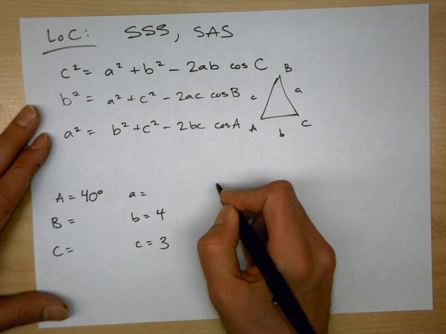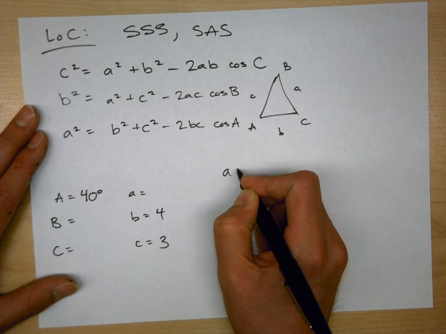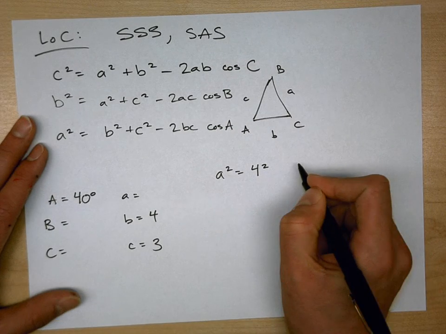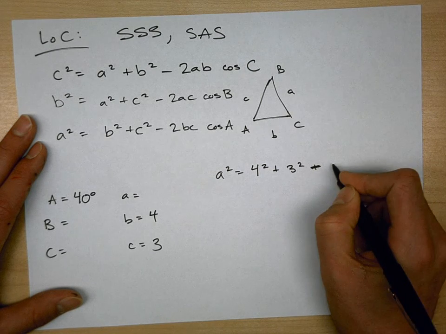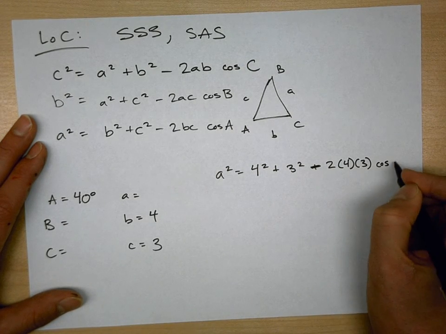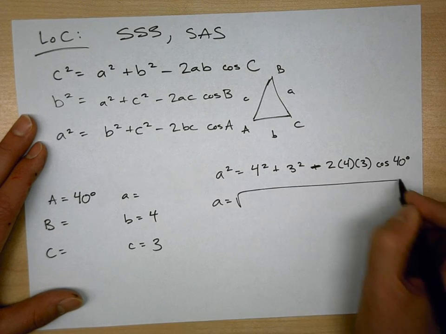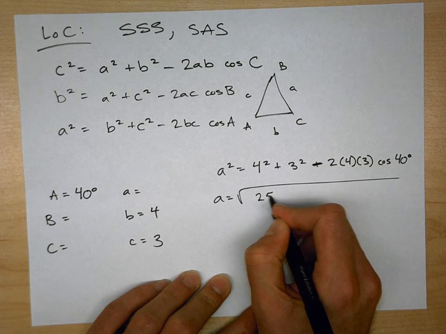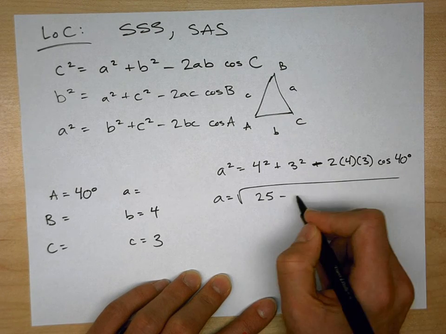So we have a squared is equal to 4 squared plus 3 squared, minus 2 times 4 times 3 times the cosine of 40 degrees. So A is equal to the square root of this whole business. That's 25, 16 plus 9 is 25, minus 24 cosine of 40.